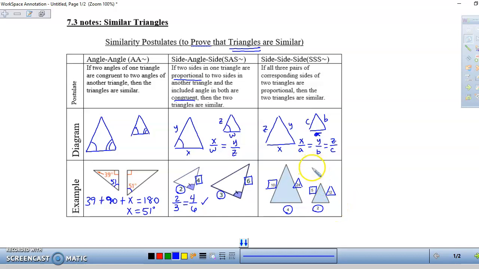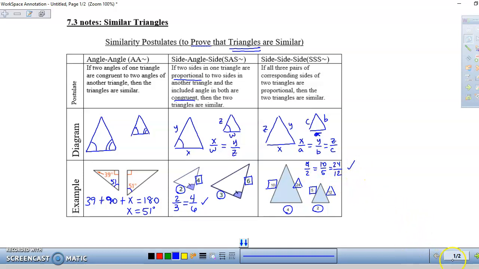So what you're going to do is see if those are all the same. So I have 4/2, and then I have 10/5, and then I have 24/12. Those all reduce to 2, so those are equal. All 3 have to be equal to each other, so that checks out.